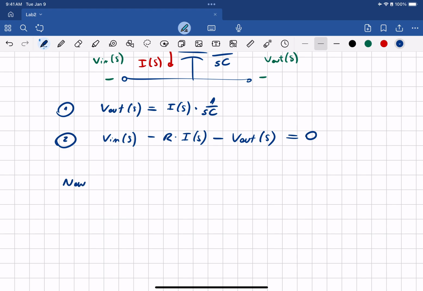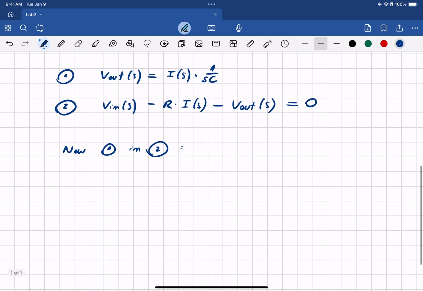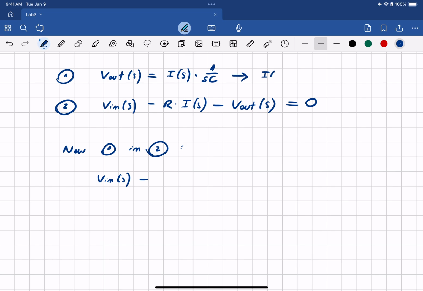Now from equations 1 and 2, we get Vin of S minus... we want to replace the value of I. So here I of S is going to be V out of S times SC.